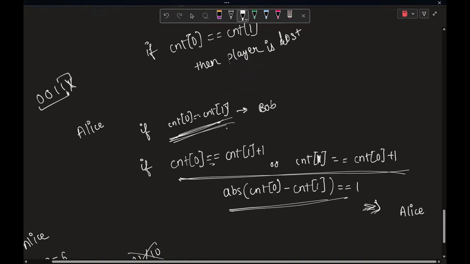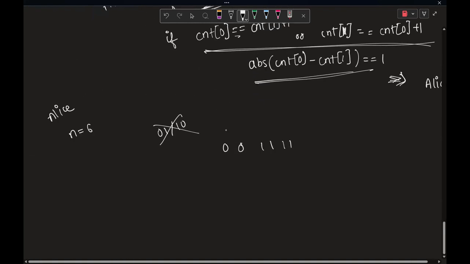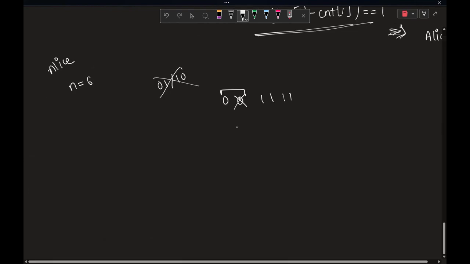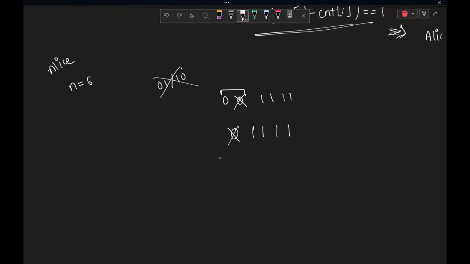So I think if you could think this much, then the next part is really intuitive on how Alice will do it. He will just try to reduce the frequency of the character with the smaller frequency. He will erase it on Bob's turn. If Bob removes it, then it is really good for Alice.